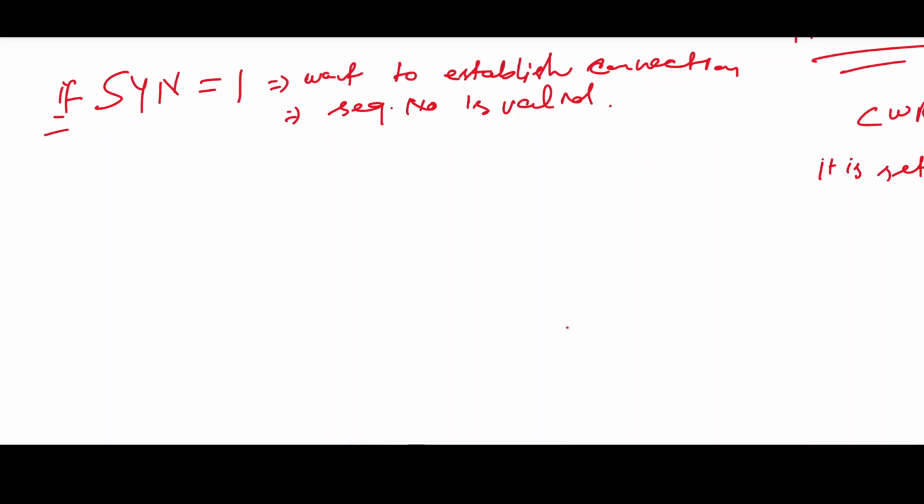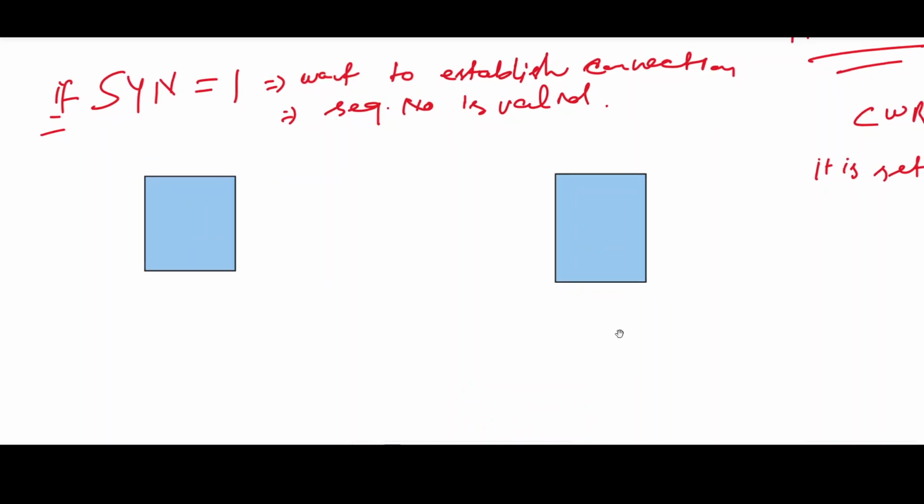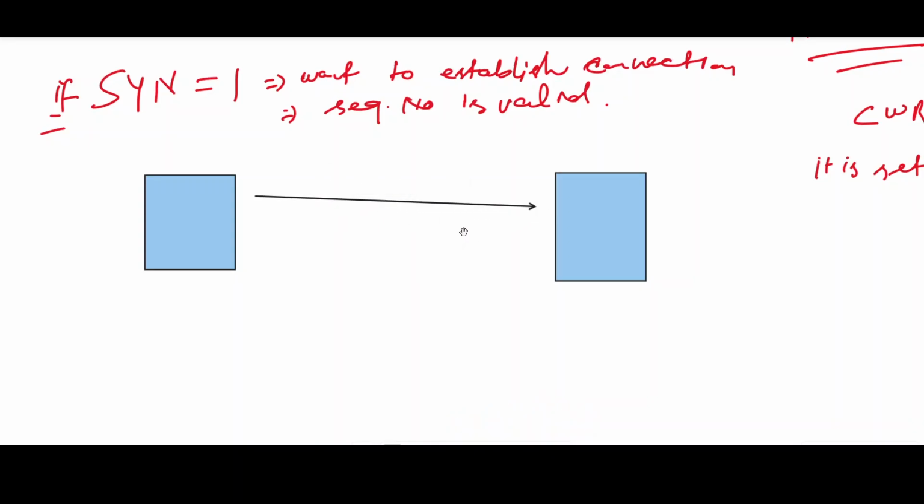So we will create a diagram for this to create a better understanding. Here this is a sender and this is a receiver. First, the sender sends a SYN packet, with the SYN flag set to 1 and a sequence number.